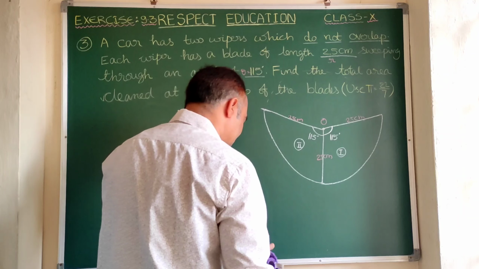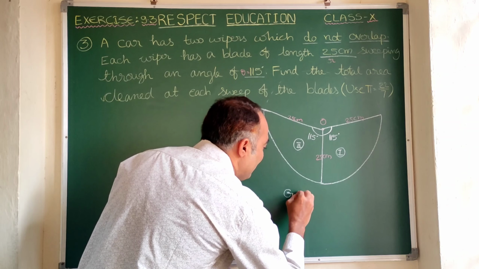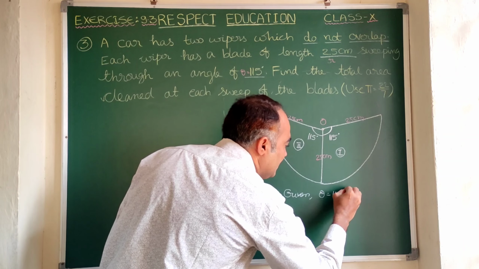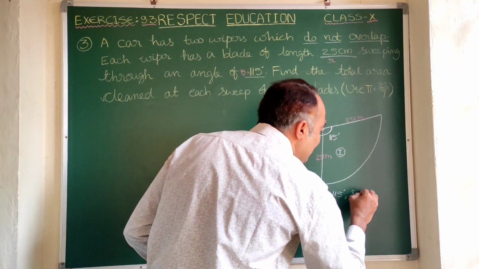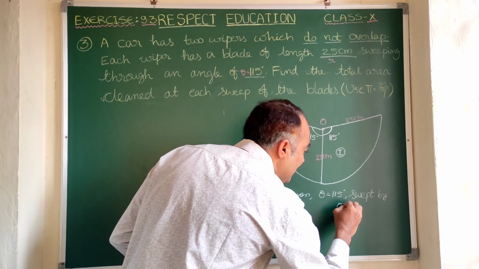So here let us write the given data. We can write given theta is equal to 115 degrees. This is what is swept by one of the blades.